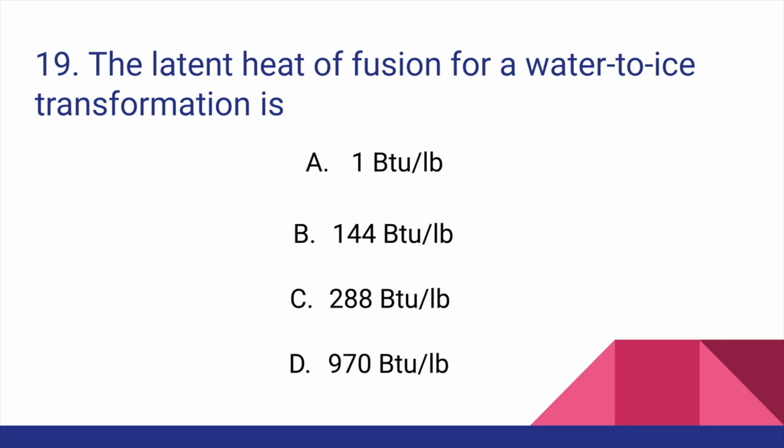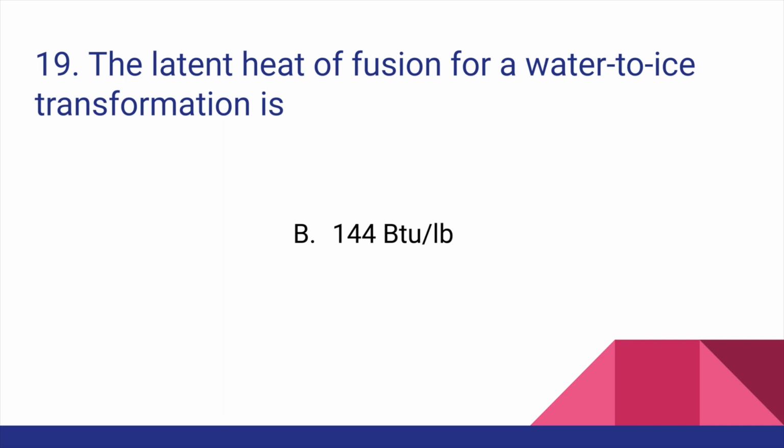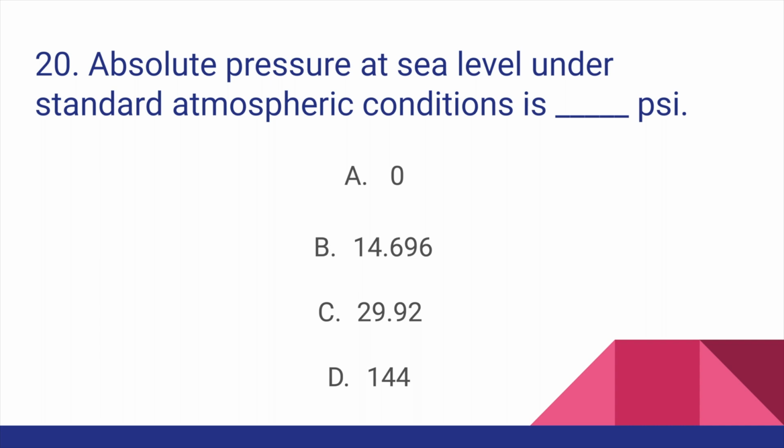The latent heat of fusion from a water to ice transformation is 144 BTUs per pound. 20. Absolute pressure at sea level under standard conditions is blank psi. The answer is 14.696.